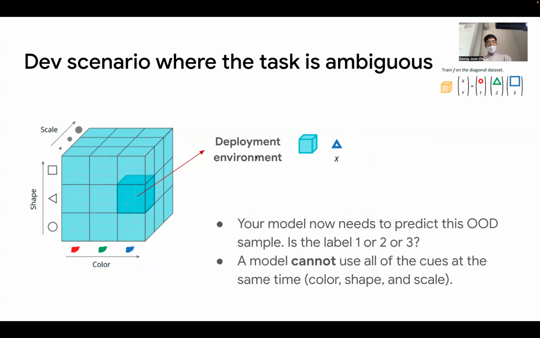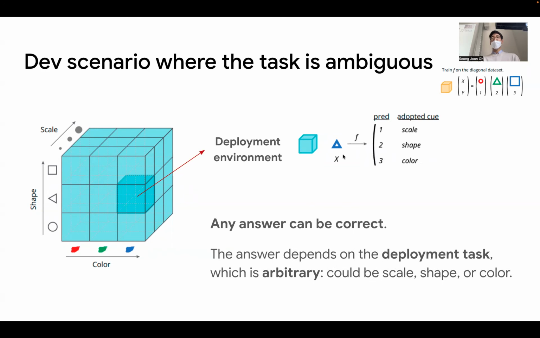But now at deployment time, you're going to have this off-diagonal cell here, a small blue triangle, and depending on what kind of cue you're picking up during training, the label could be either 1, 2, or 3. In each case, the adopted cue could be scale, shape, or color, right?